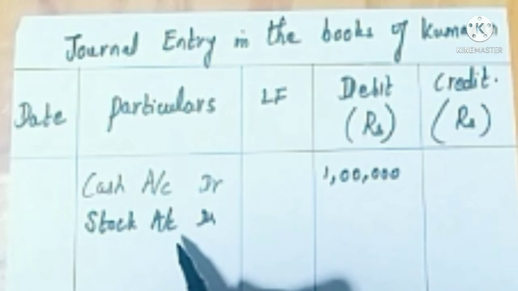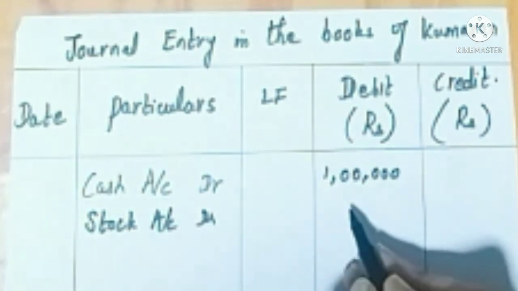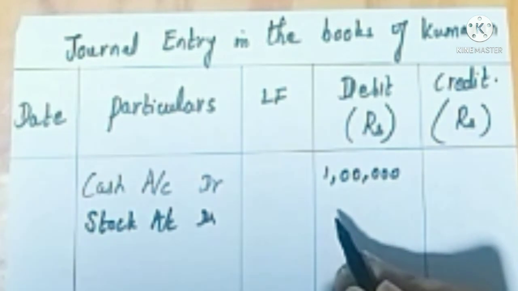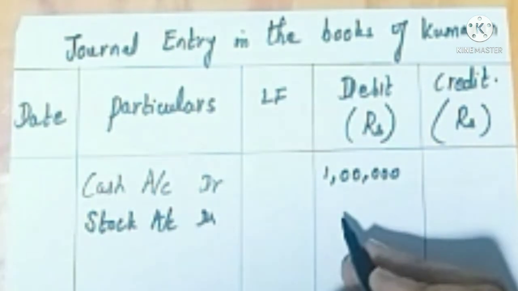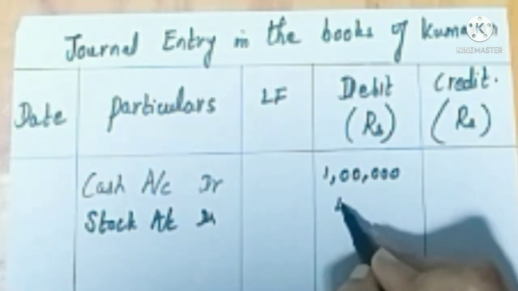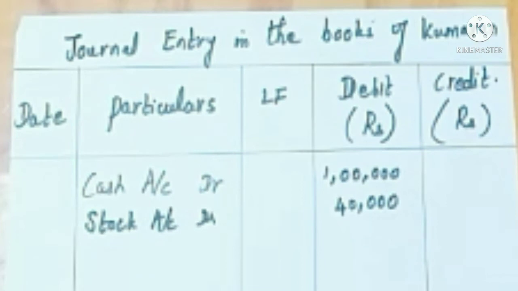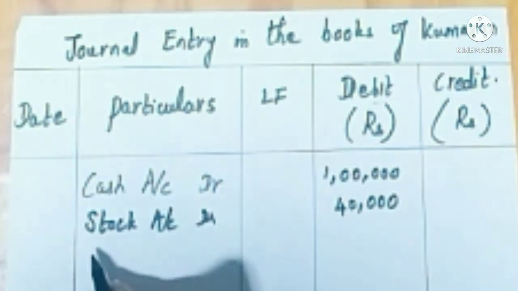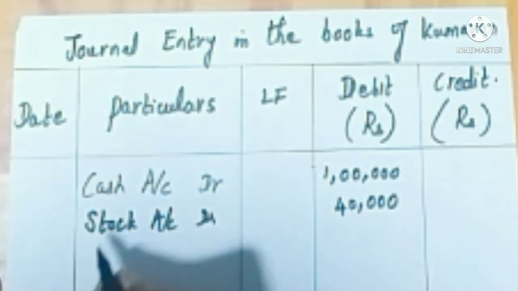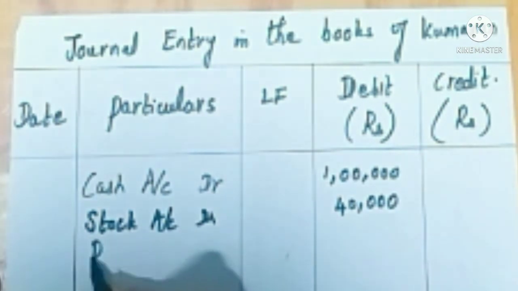Stock is also there. It is also an increase in asset, so it should also be debited. Amount is 40,000 rupees. Amount is due from Rohit to the extent of 10,000 rupees. He is like a debtor to us. So Rohit's account is debited.